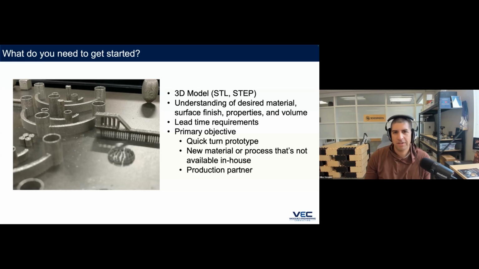Whether it's a tooling component, a fixture, or an end use part, what you'll need is a CAD file that you can then convert into a .step or a .stl file. So that'll be like part1.stl or part1.step. If you or your designers have something like that, that's all you need to get really started in terms of getting accurate quotes and looking through the opportunity available. So that's basic thing number one that you'll need.